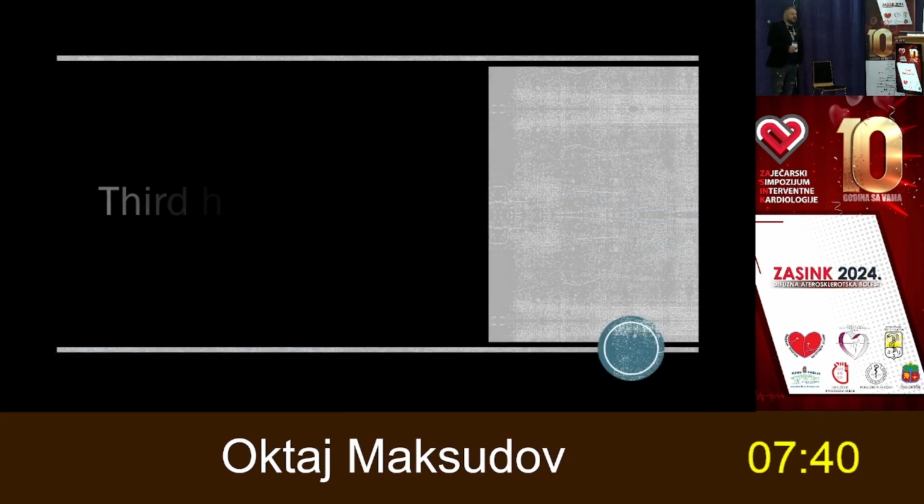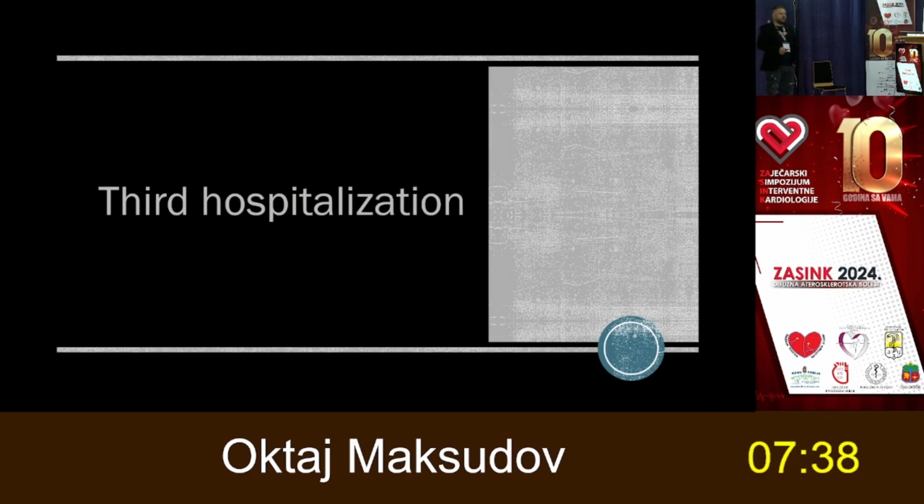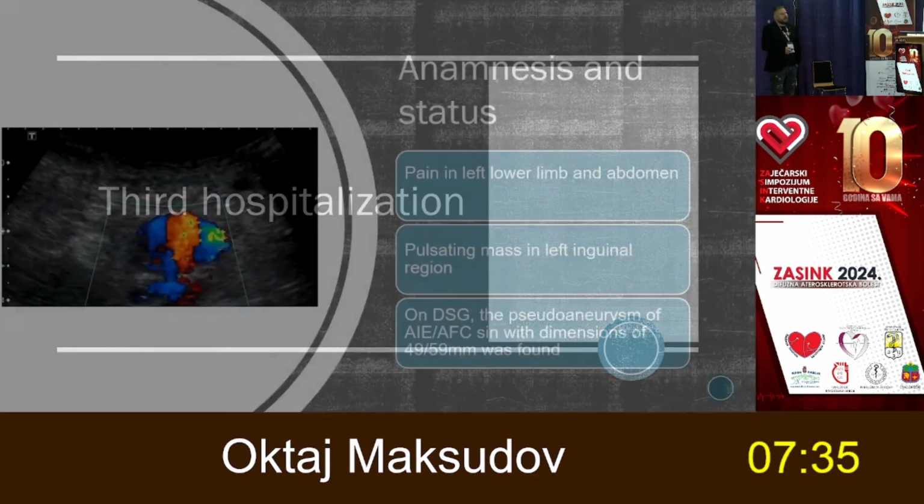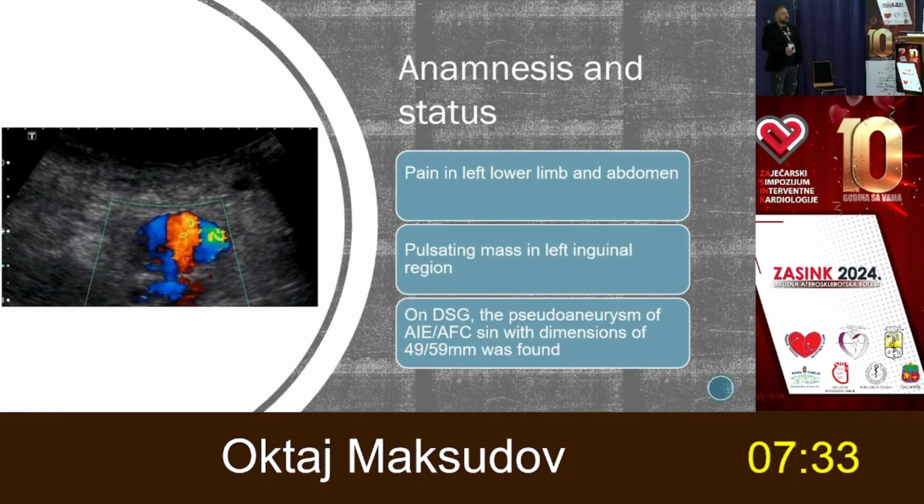But a few weeks later, he came for the third time and his complaints were about pain in the left lower limb and the abdomen.